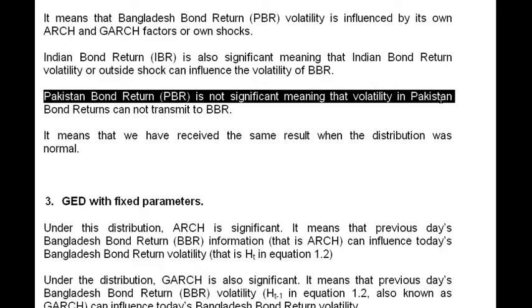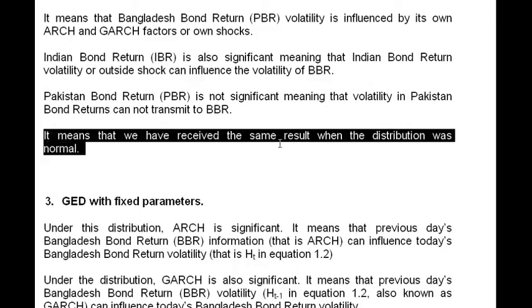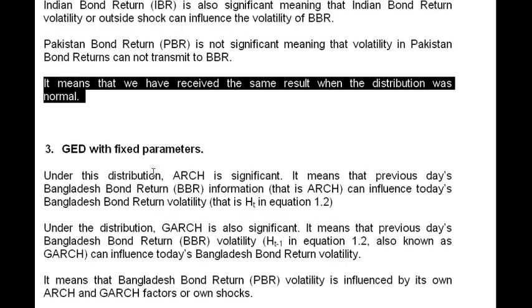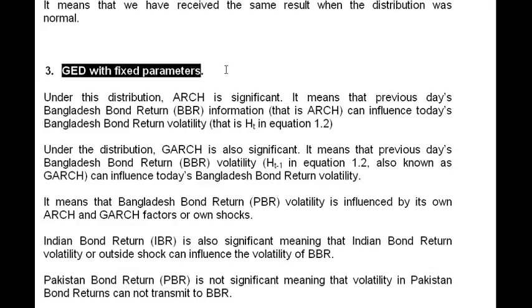It is not found significant, meaning that volatility in Pakistan bond return cannot transmit to BBR. So here we have got the same result as the normal distribution. Okay, then the third distribution, GED with fixed parameters.